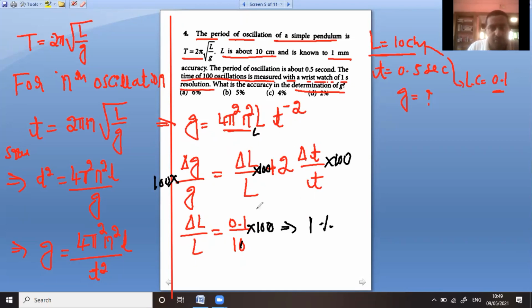First one is completed. Then the second one, delta T divided by T into 100.